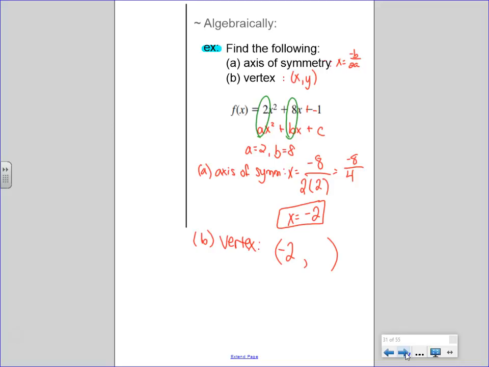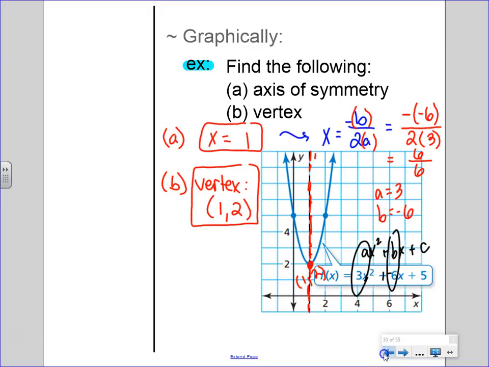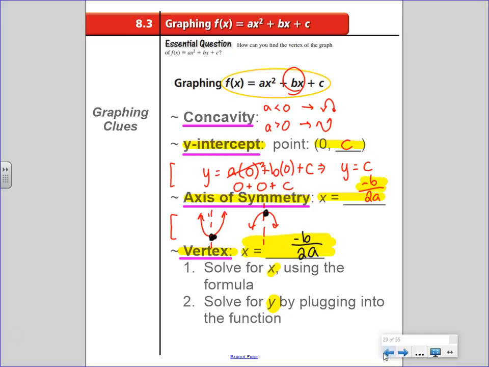The question we're all kind of thinking is, how do we finish and be done? We need a y. We have an x. Look at your notes. Solve for x using the formula.